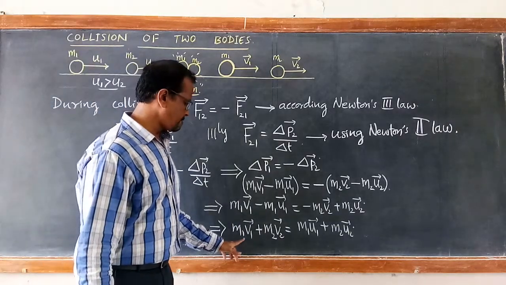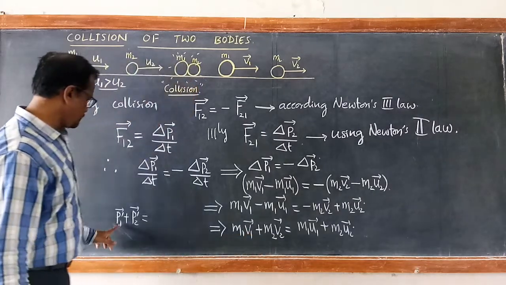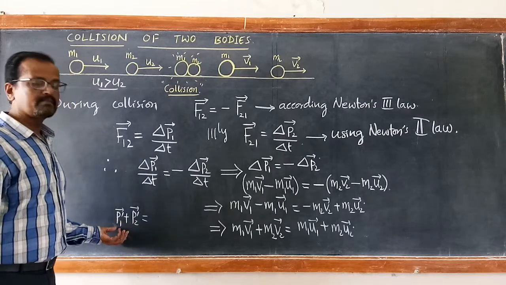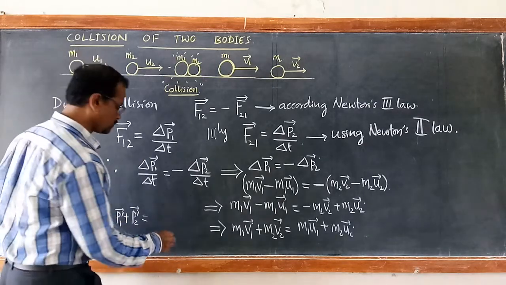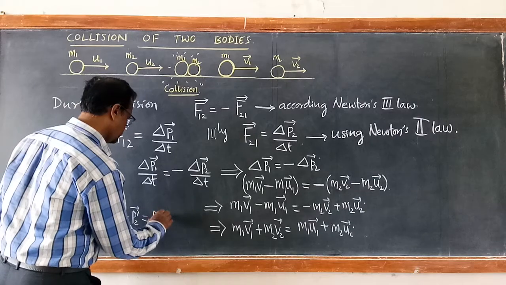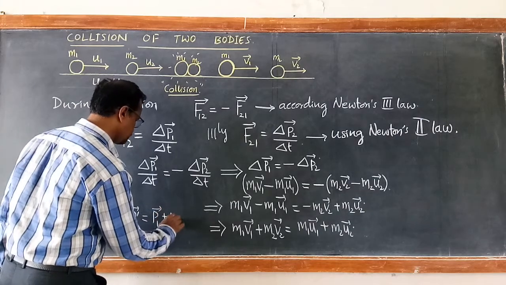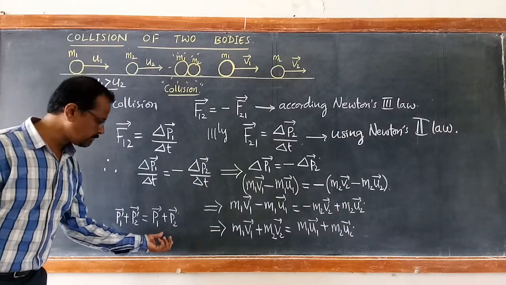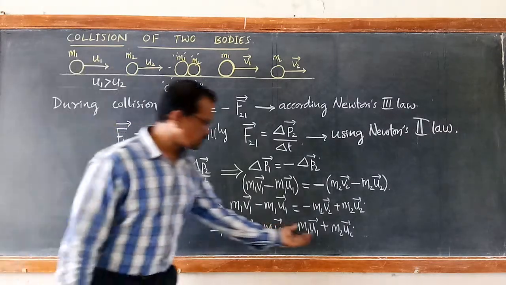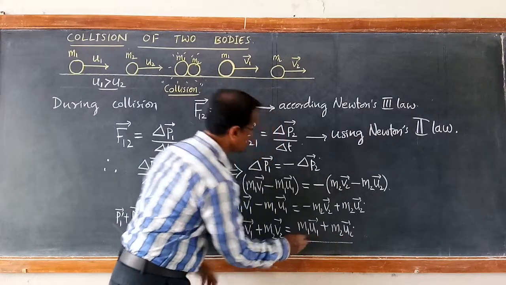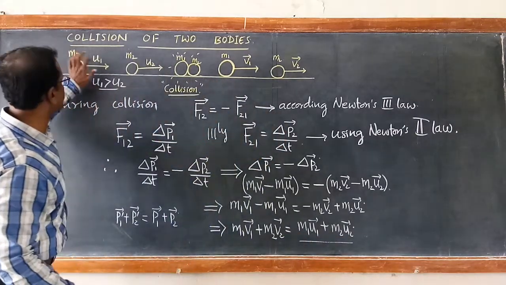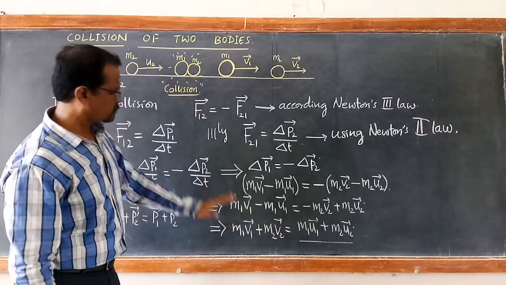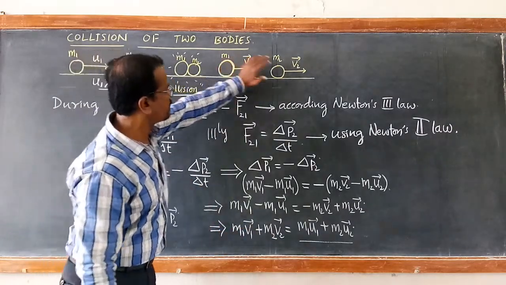This gives you p1 dash plus p2 dash, that is final momentum after collision, equal to p1 vector plus p2 vector. So the right hand side gives you total momentum before collision, m1 u1 plus m2 u2, which is equal to total momentum after collision, m1 v1 plus m2 v2.